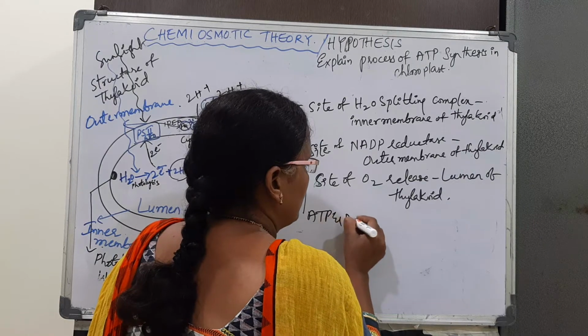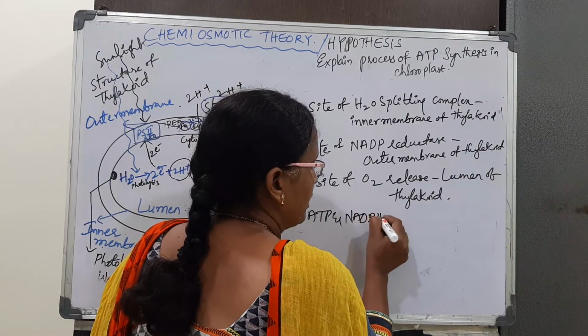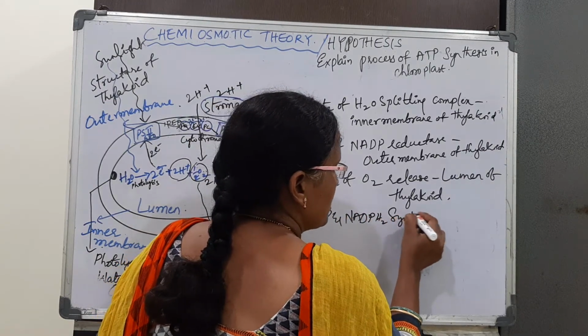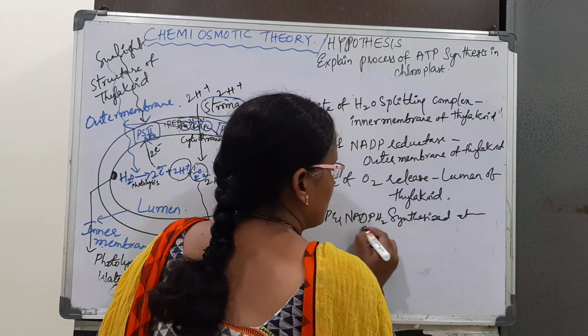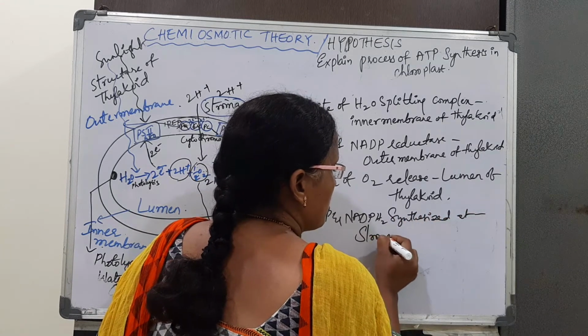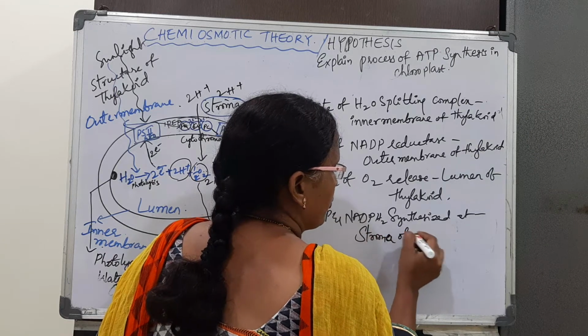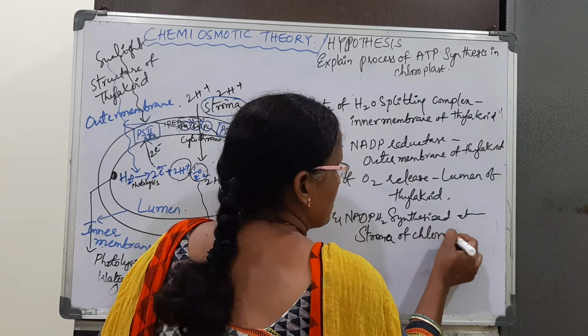ATP and NADPH2 are synthesized at the stroma of the chloroplast.